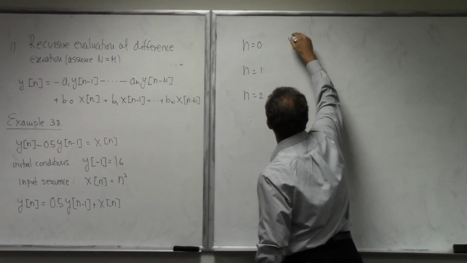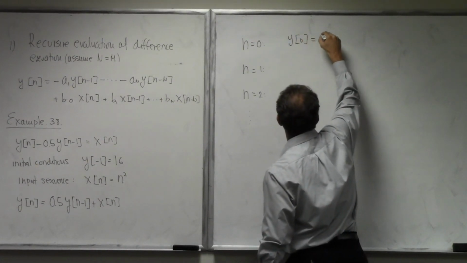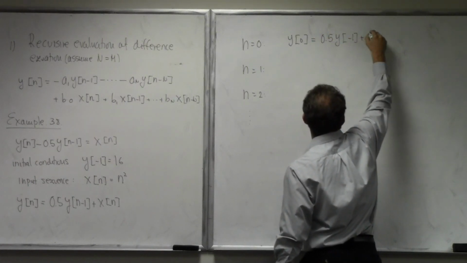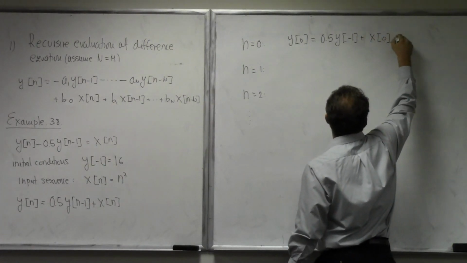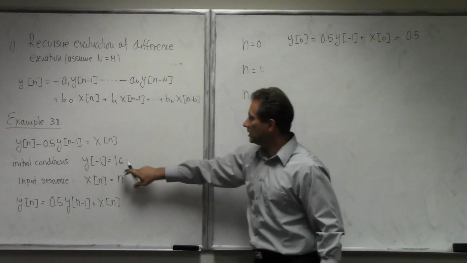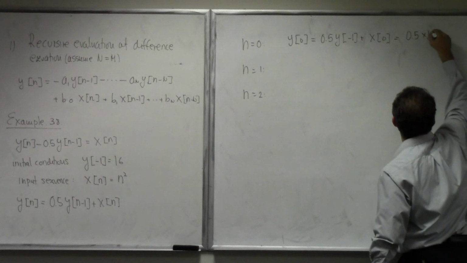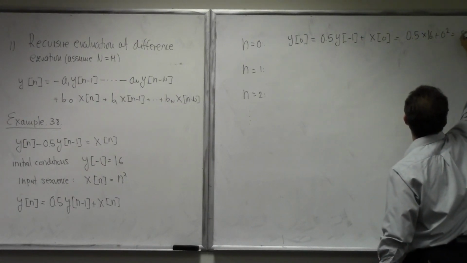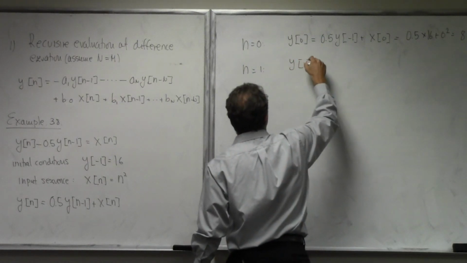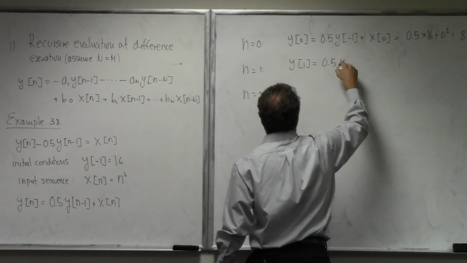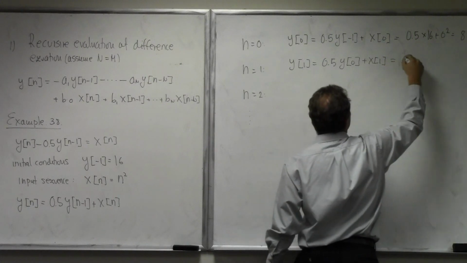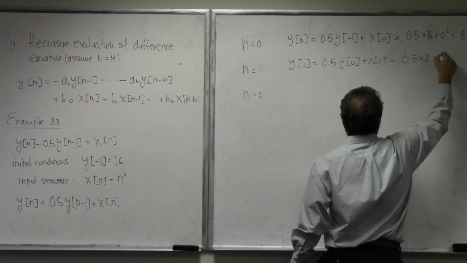So for y of 0, this becomes 0.5 y of minus 1 plus x of 0. So this is 0.5 times 16 plus 0 squared, which is equal to 8. y of 1 becomes 0.5 y of 0 plus x of 1, which in our case becomes 0.5 times 8 plus 1 squared.